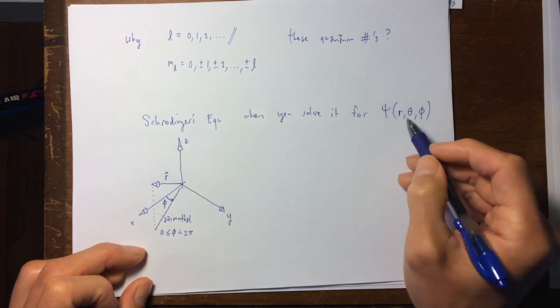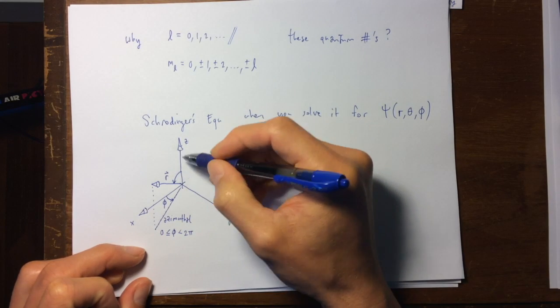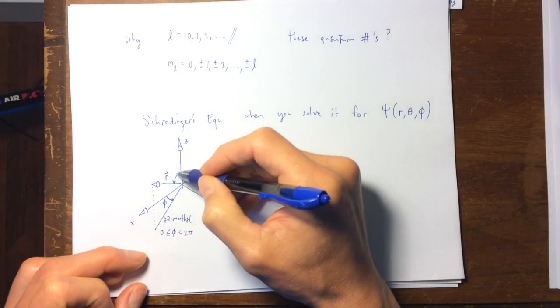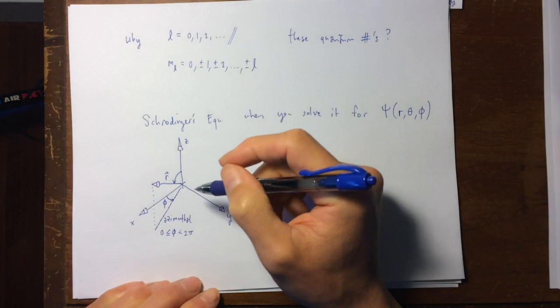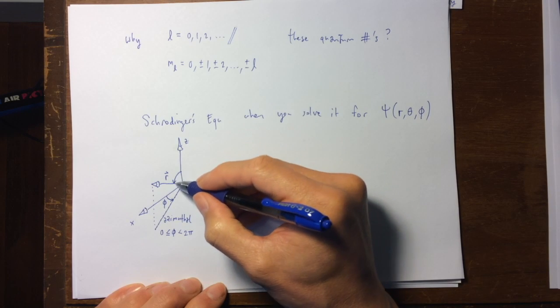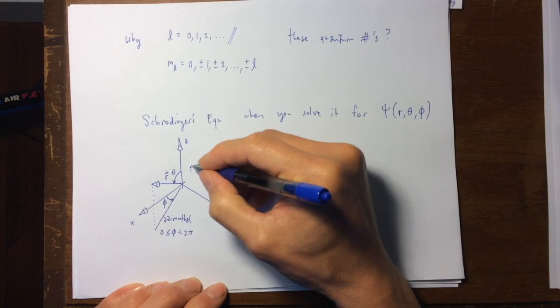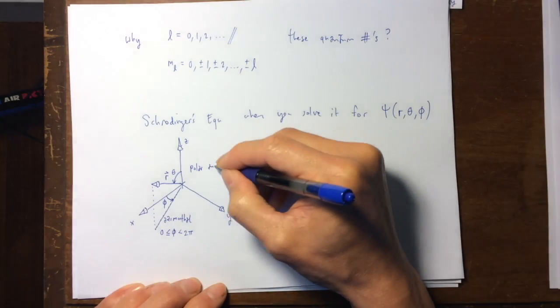The other angle, the polar angle, is called theta. You read it by starting at the positive z-axis and going down to your vector r, with the smallest angle or the shortest path. So this is the angle theta, the polar angle.